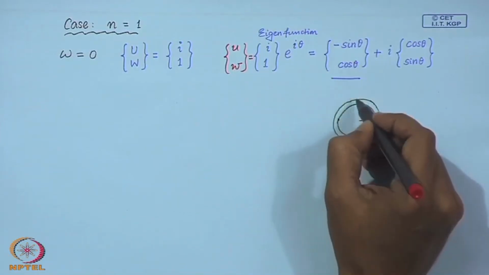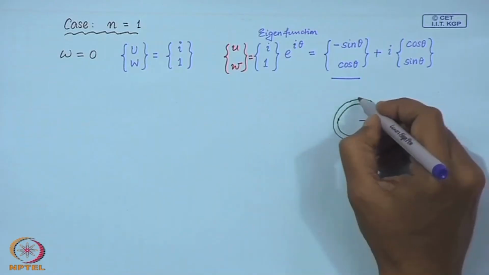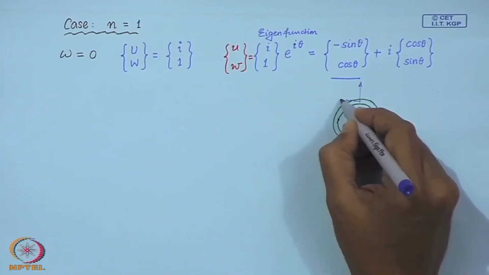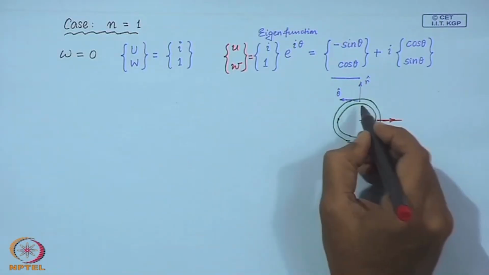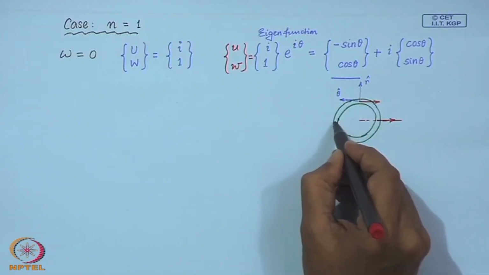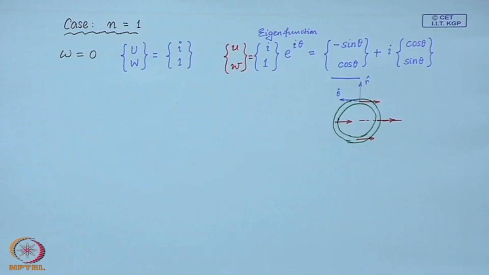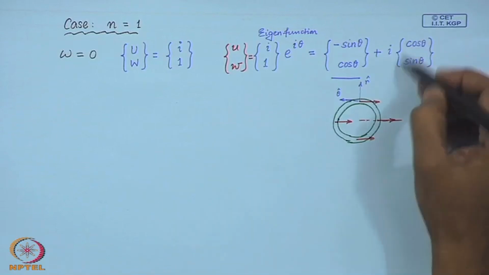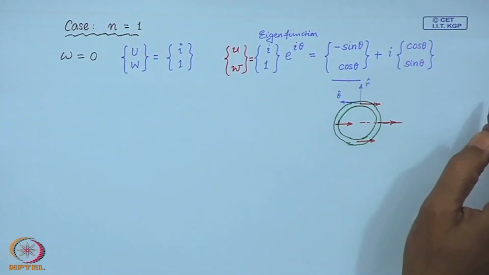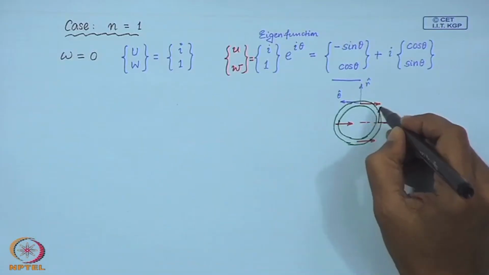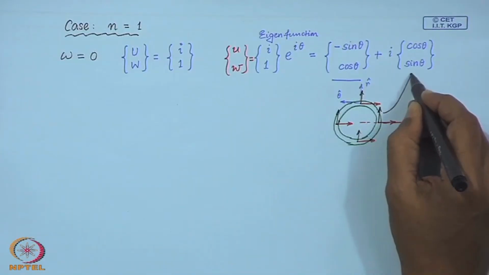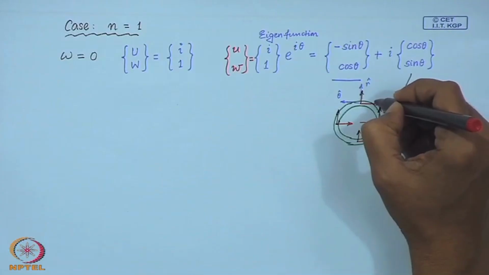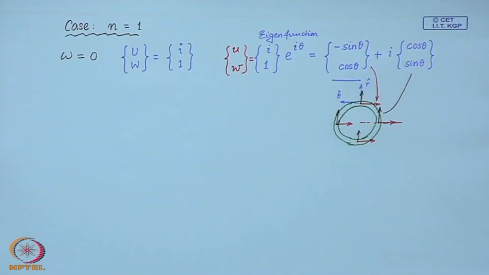Now, minus 1 would mean, because the axis here is like this, so minus 1 would mean this, and similarly you can find out that this represents a motion like this, and similarly this eigen function vector will represent a motion like this.